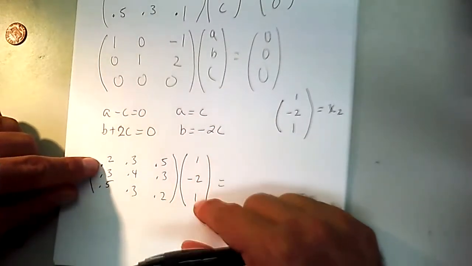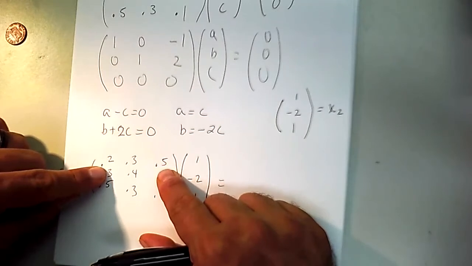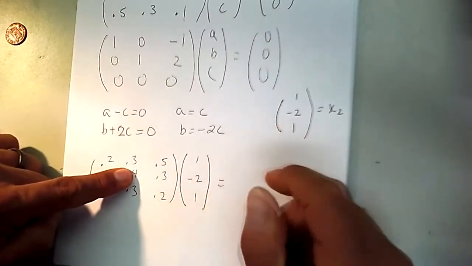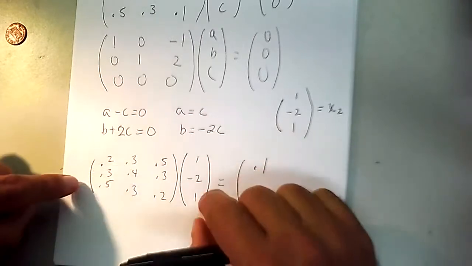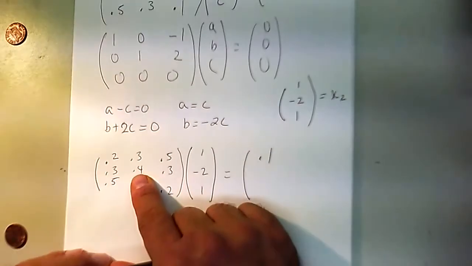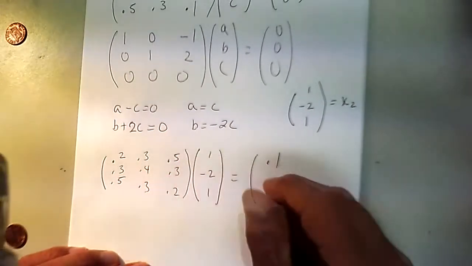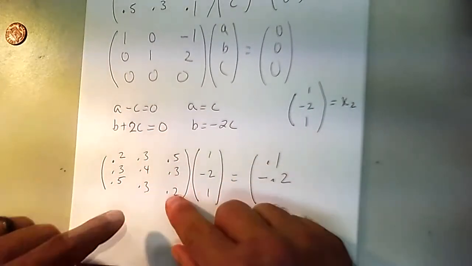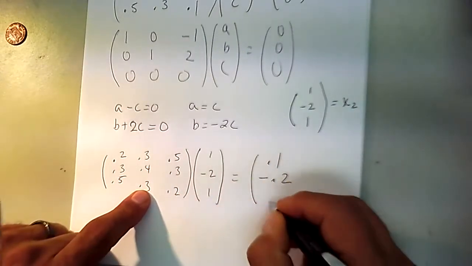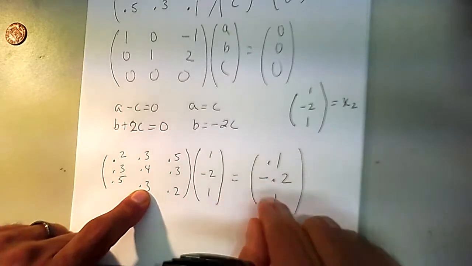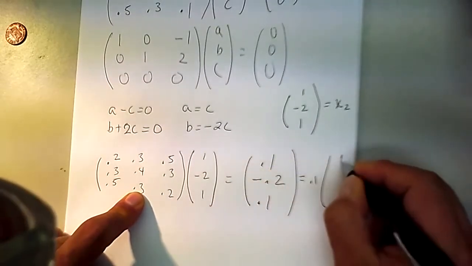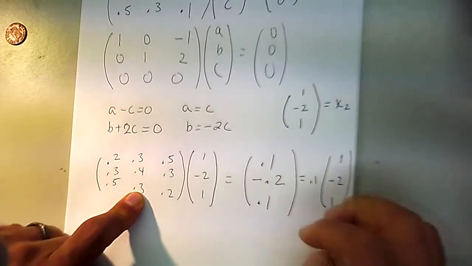Those two are going to add, so that is 0.7 minus 0.6, which is 0.1. Then 0.6 minus 0.8 is negative 0.2. Then adding those two together, 0.7 minus 0.6 is 0.1. Yep. So indeed, this is equal to 0.1 times, if we factor out the 0.1, 1, negative 2, 1, which works.